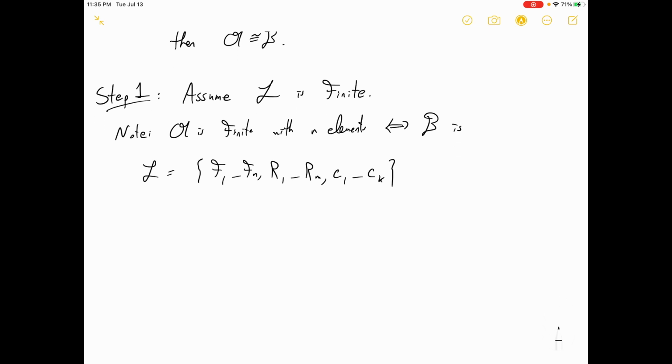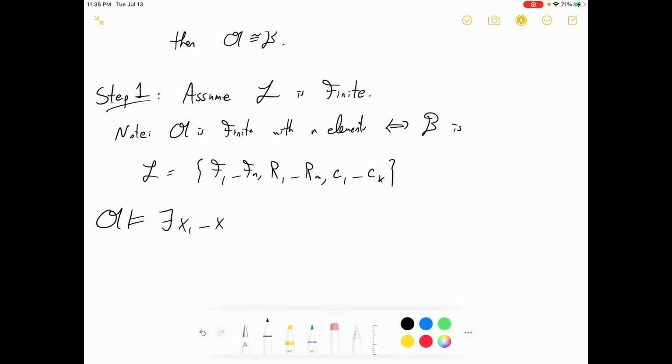Okay? So now you're going to write down this big sentence that A models. So A models the sentence that there exists x1 through x, and I should use a different n here. So let's just use l, right? We're already using n. So let's say there exists x1 through xn, and I'll just write distinct.